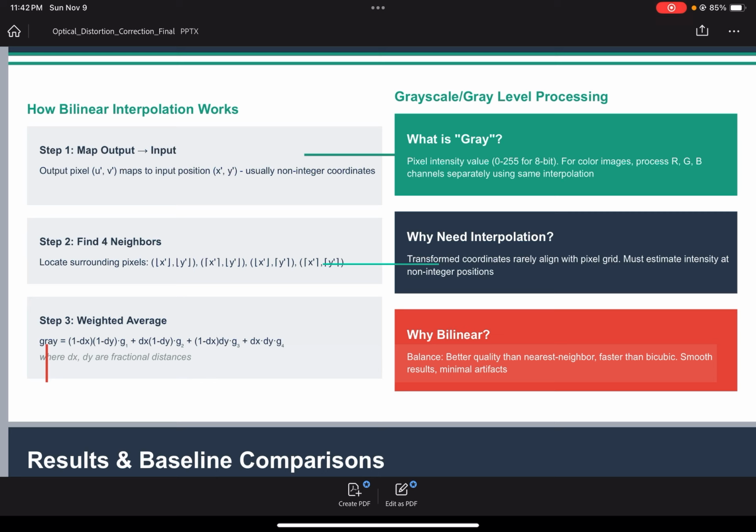In other words, the grayscale pixel intensity value is typically 0 to 255, but the term gray is used even for color images where we process RGB channels separately. So it's not actually gray, but we are processing the RGB channels separately.